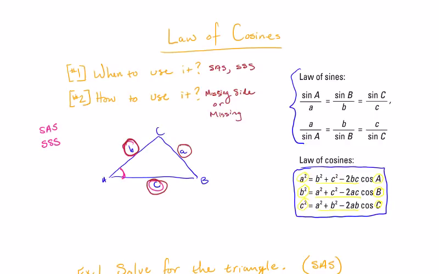The reason you see both law of sines and law of cosines up here is because I'm going to use the law of cosines first, but then after that I'm going to use the law of sines when I can, because I think the law of sines is a lot easier to use. Once I'm done using the law of cosines, I usually finish out the problem with the law of sines, but I'm strategic about how I do that.